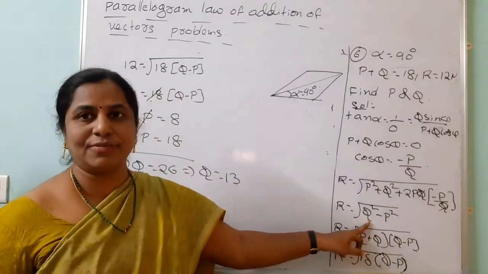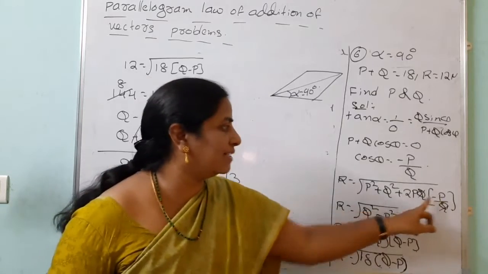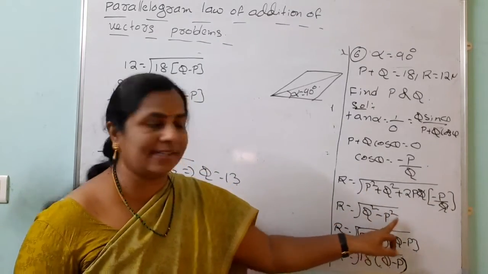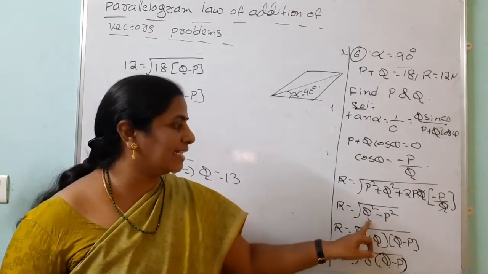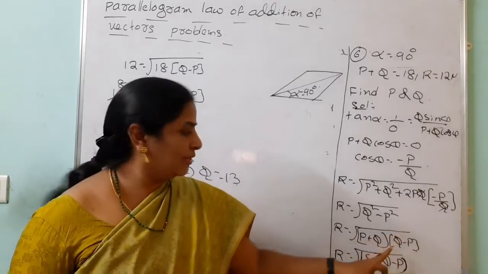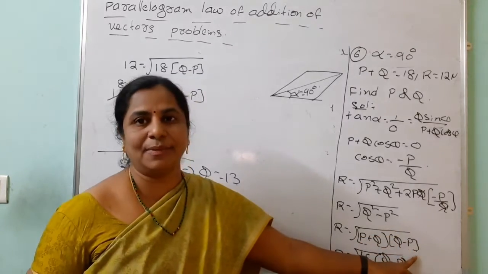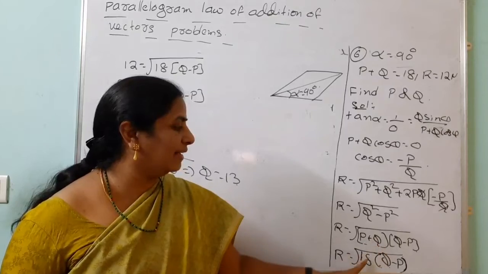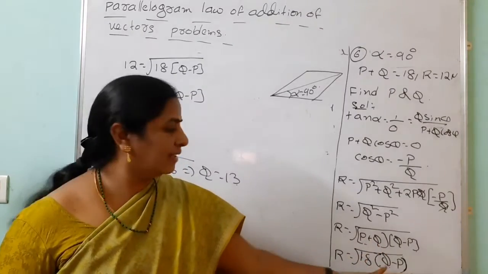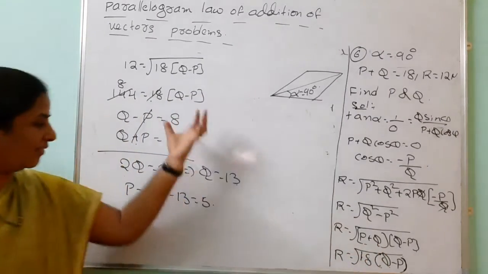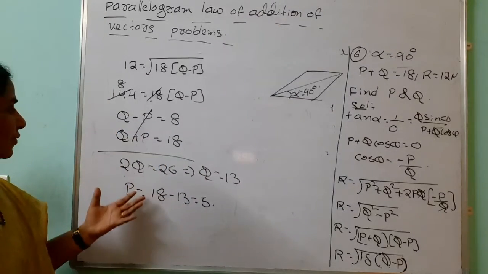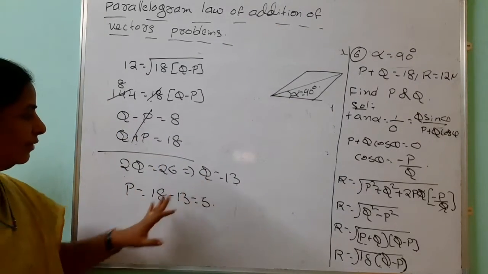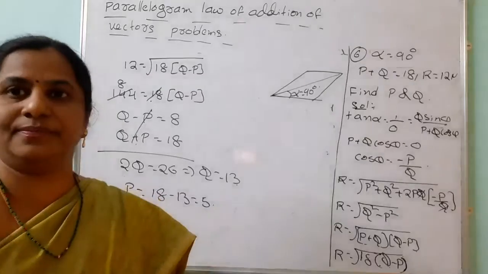Then we get q square minus p square, because minus 2p square plus p square means minus p square. Then it is like the a square minus b square formula, so a plus b into a minus b. Here the maximum is already given as 18 units, and this is q minus p. After simplification, we can find the q value and the p value.